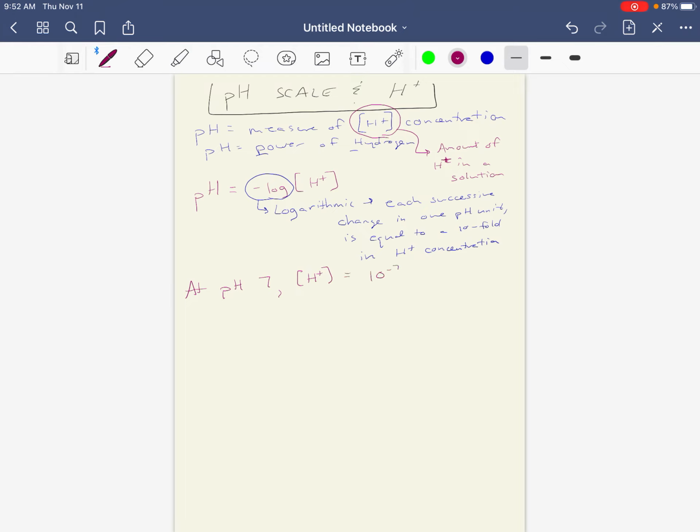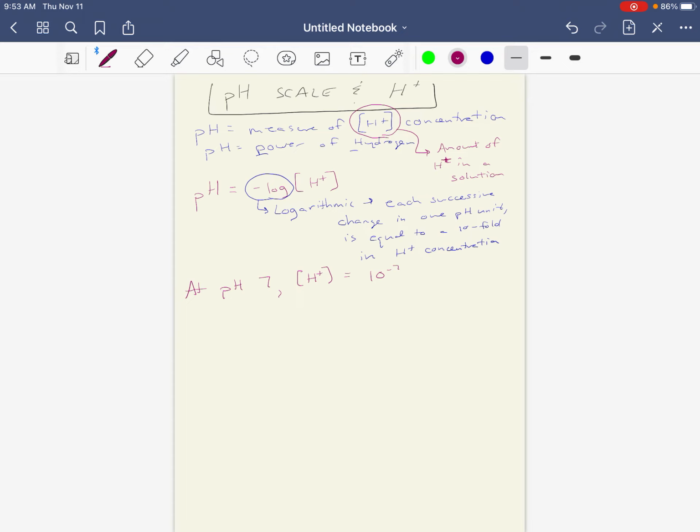But if we just go right in the middle of the pH scale, at a pH of 7, the hydrogen concentration in a solution is equal to 10 to the negative 7 power. If you put negative log of 1 times 10 to the negative 7 into a calculator, you get 7. So that's where it comes from.